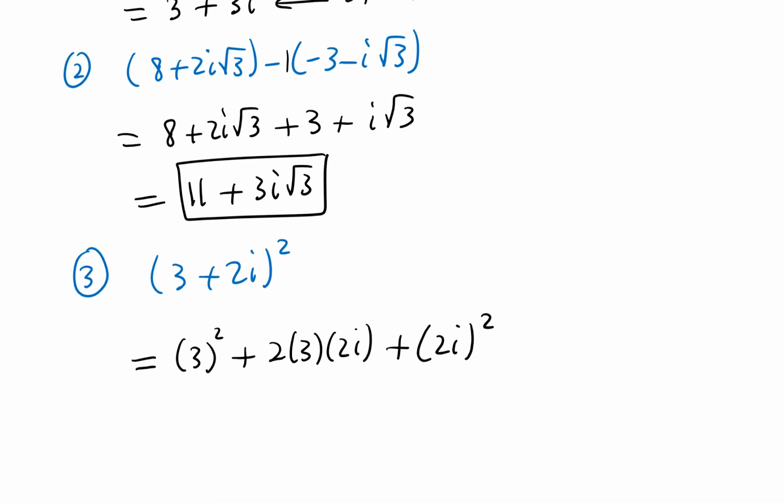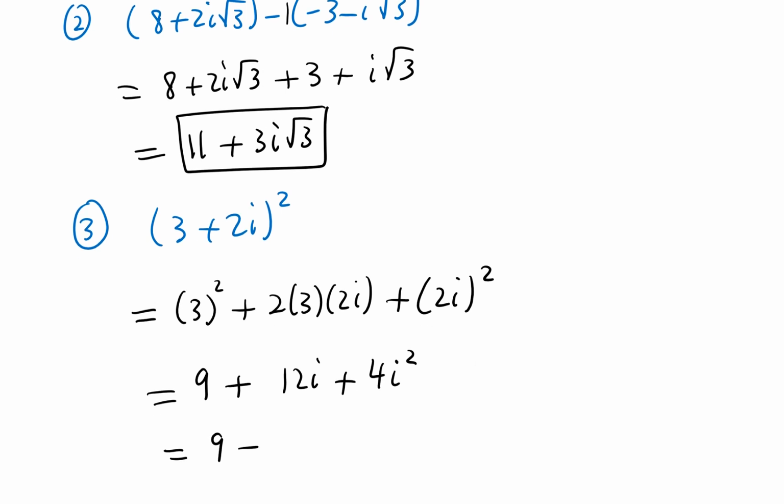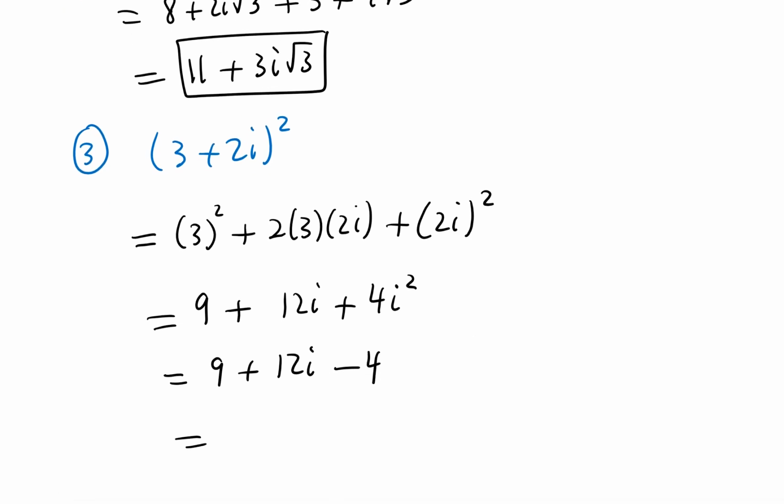You can do that, but you must learn this formula. It's much faster. This is 9 plus 2 times 3, 6 times 2, 12i, plus 4i squared. 9 plus 12i. i squared is -1, so that's a -4. So that gives us 9 minus 4. We can combine them, get 5 plus 12i. And notice how I wrote the answer in standard form.